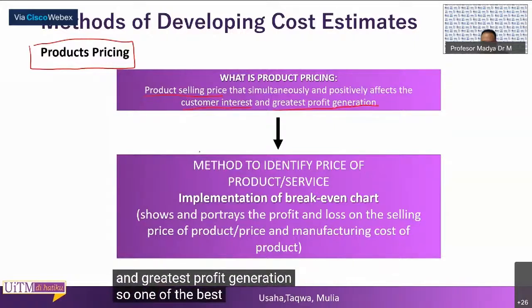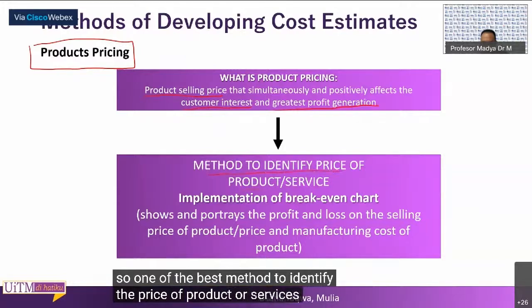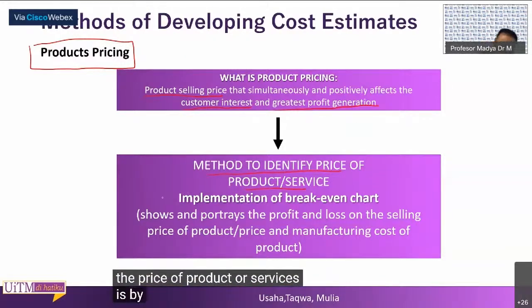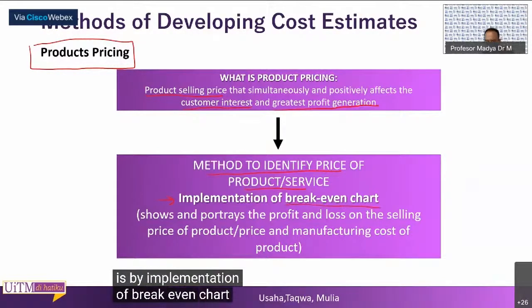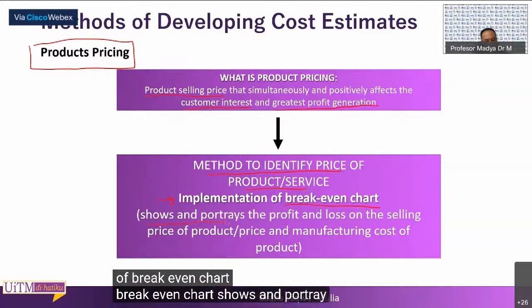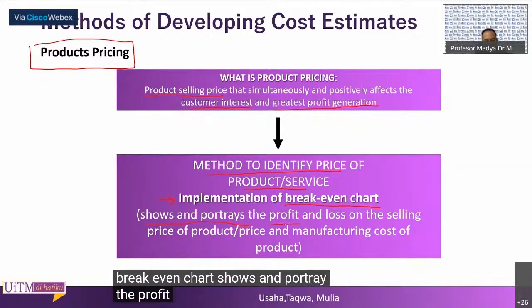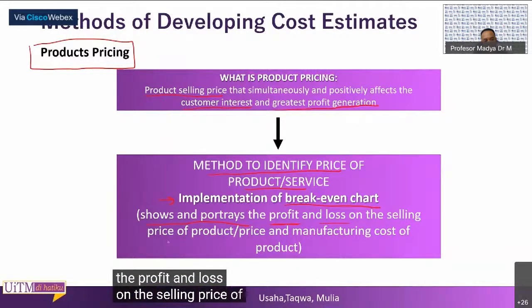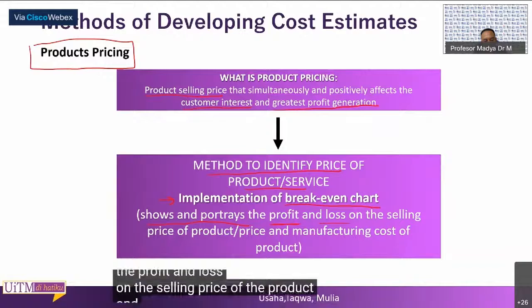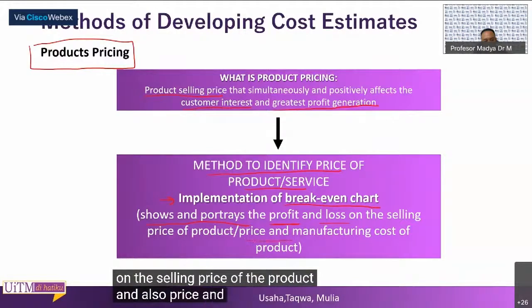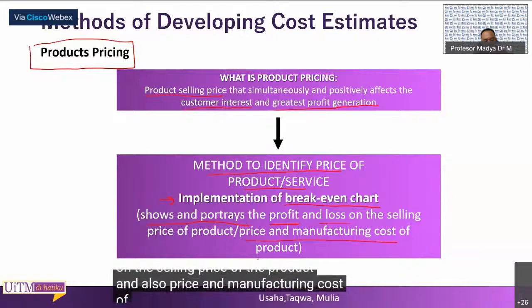So one of the best methods to identify the price of a product or service is by implementation of a break-even chart. A break-even chart shows and portrays the profit and loss on the selling price of the product, and also the price and manufacturing cost of the product.